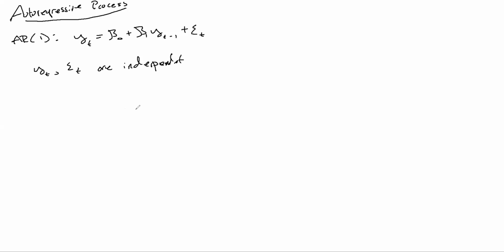So in order for our AR1 process, our first order autoregressive process, to be weakly dependent, a stability condition has to be met. That condition is that the absolute value of beta 1 is less than 1.